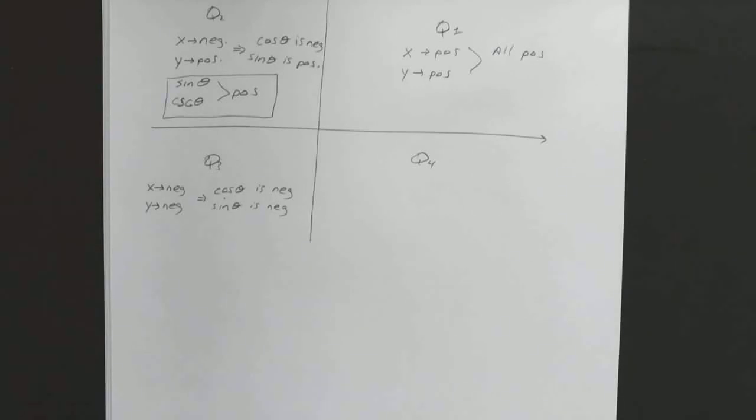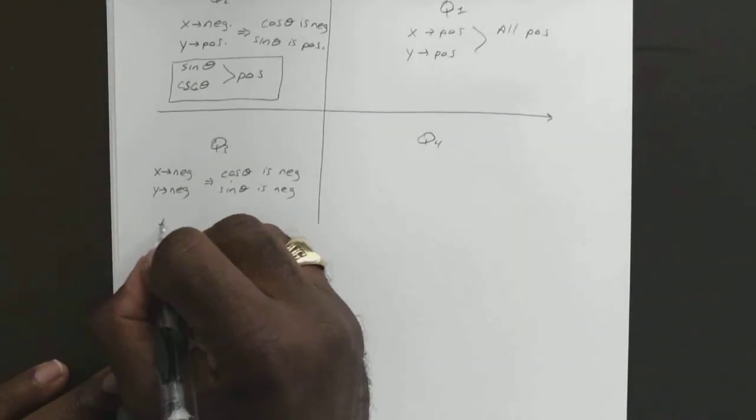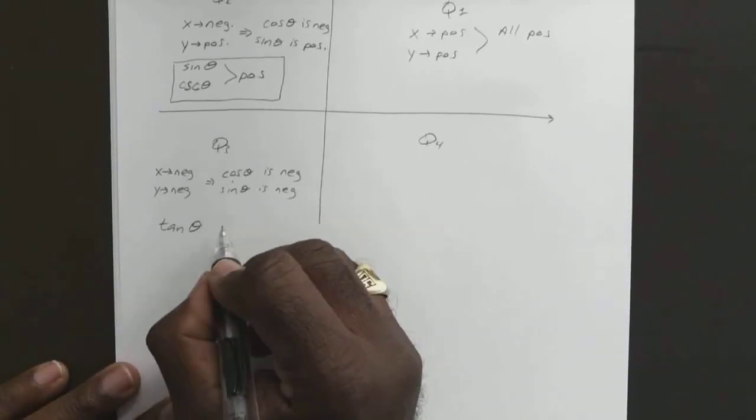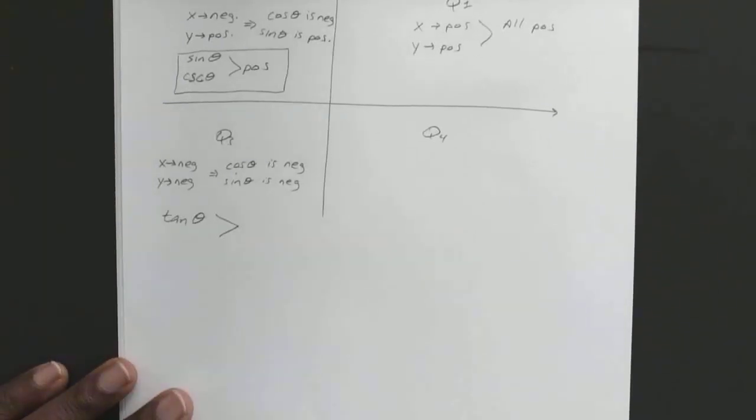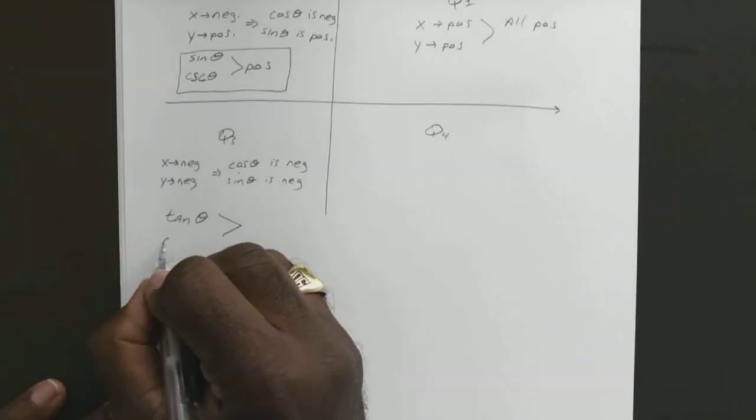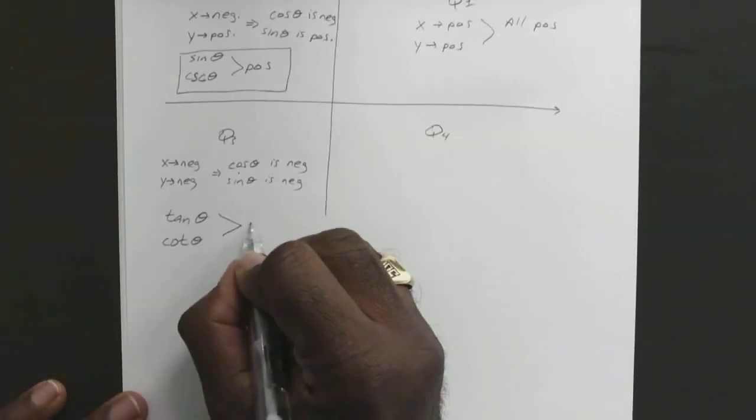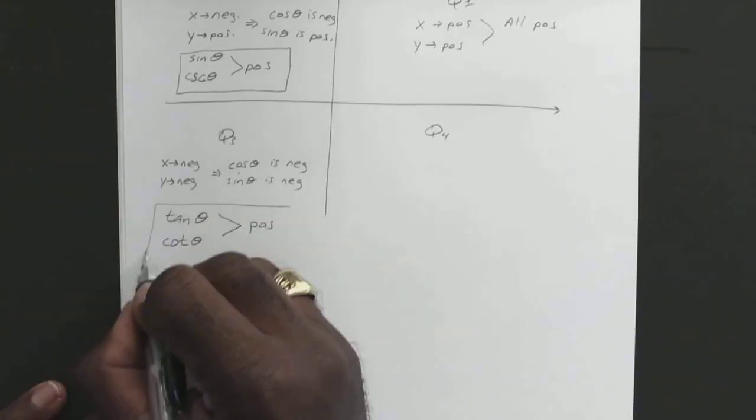The thing is, with tangent, you have sine over cosine. So you have a negative divided by a negative. So it's positive. So that means that tangent of theta is positive. And since cotangent is just tangent flipped, tangent and cotangent of theta are both positive.